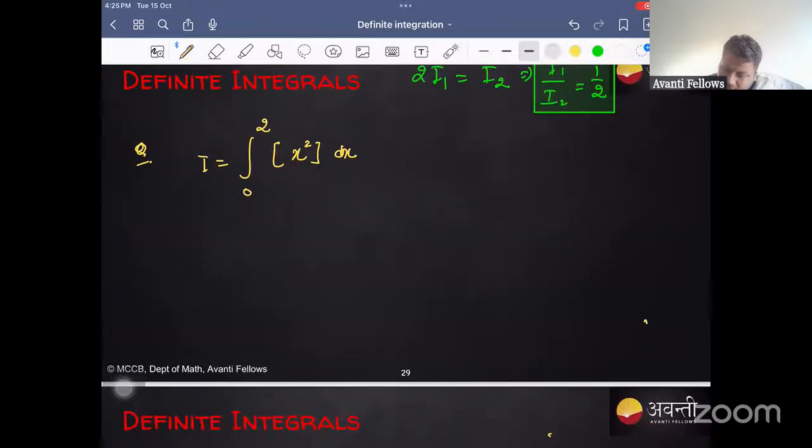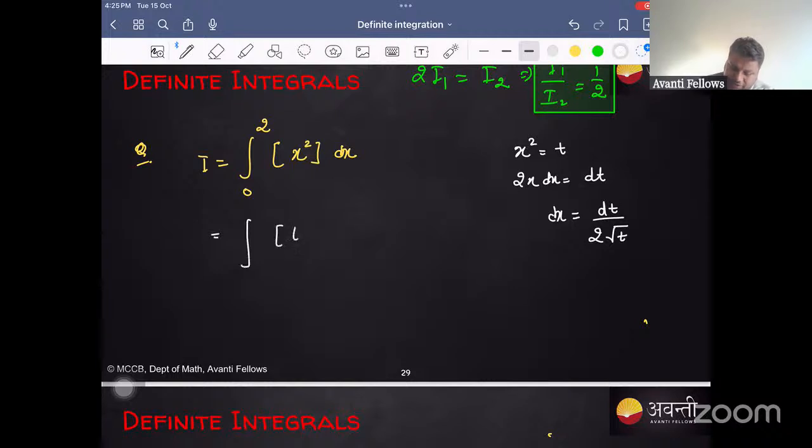Let us assume that x square is t. Got it? So 2x dx will be dt. So dx will be what? dt upon 2 under root t. Am I correct? So the question becomes greatest integer of t dt upon 2 under root t. The limit will now become 0 to 4. Got it?